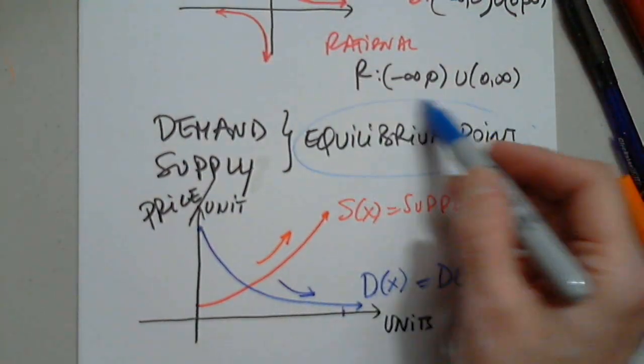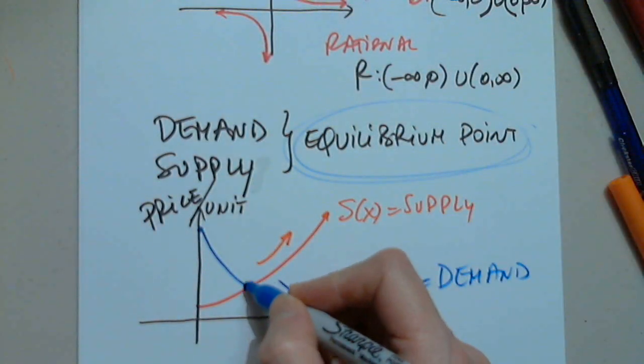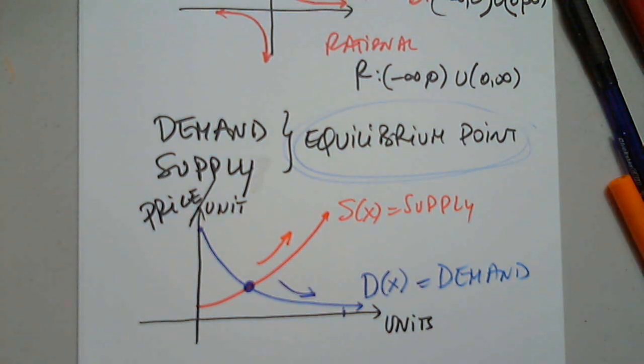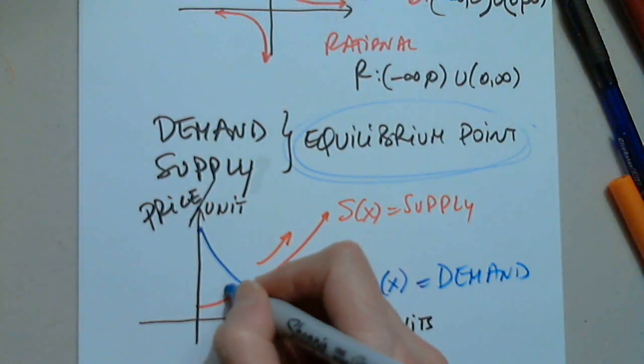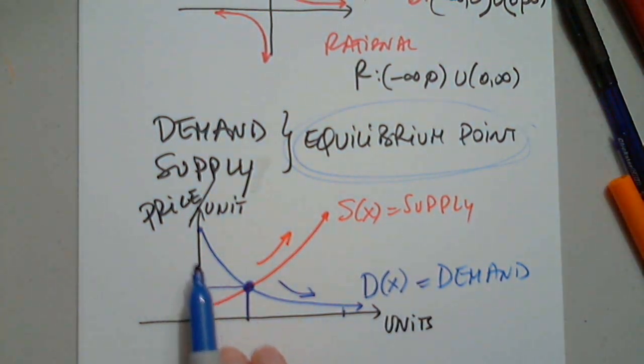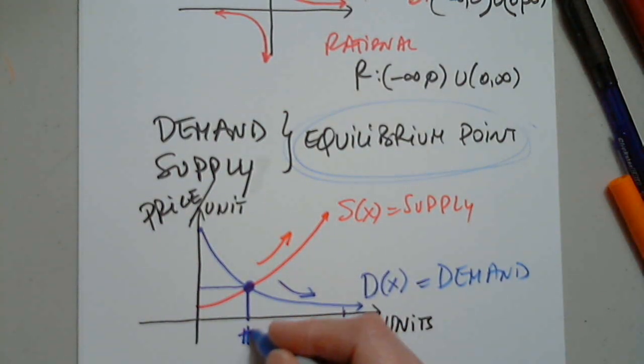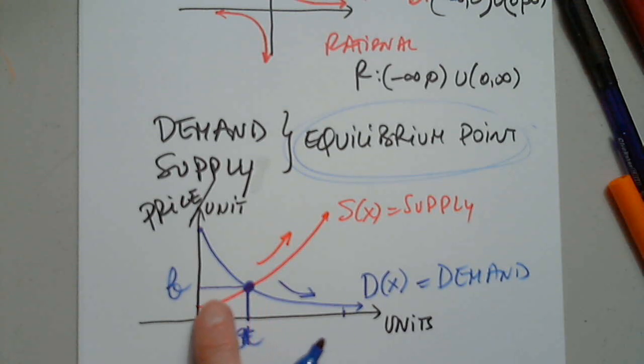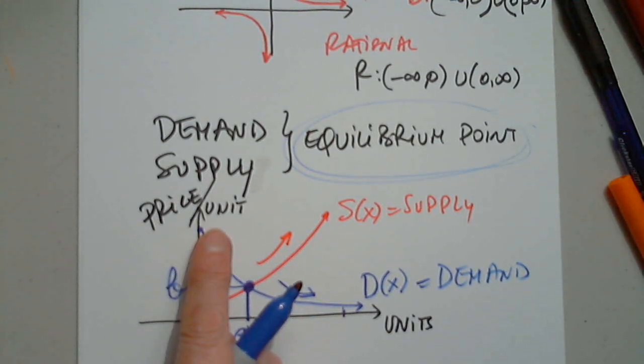The equilibrium point is right here, when everybody is happy. Number of units and price per unit. At this point, the consumers are happy, the suppliers are happy. With this number of units, let's say A and B. A is the number of units and B is the price per unit.